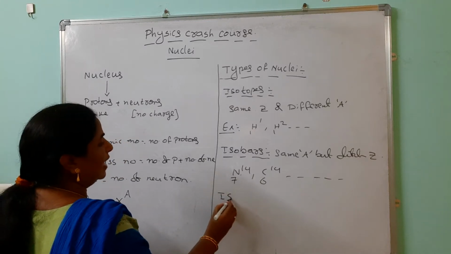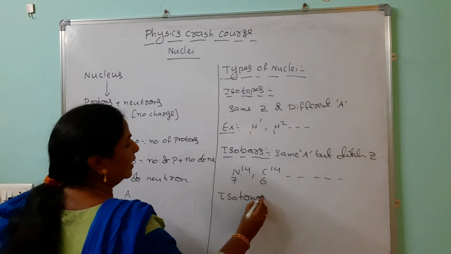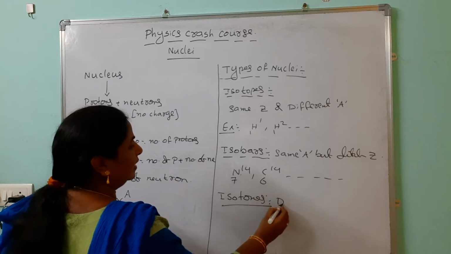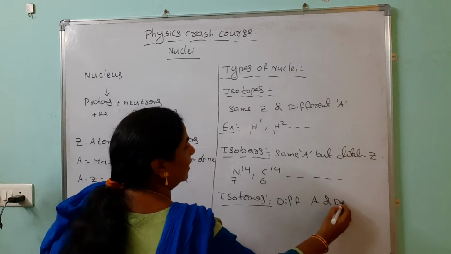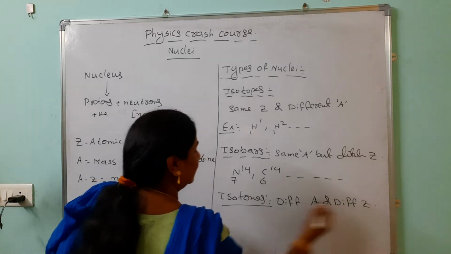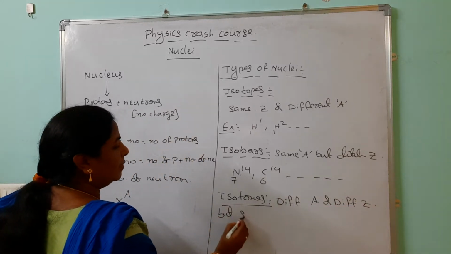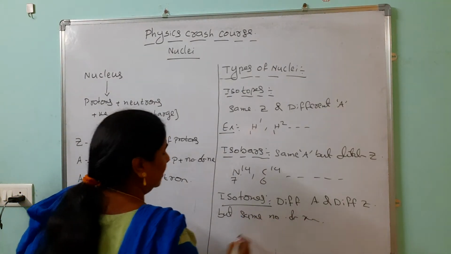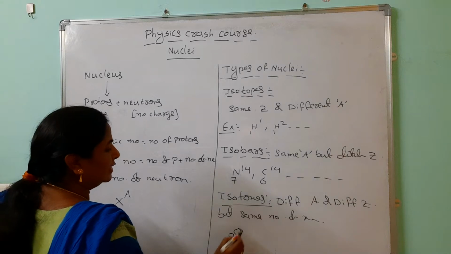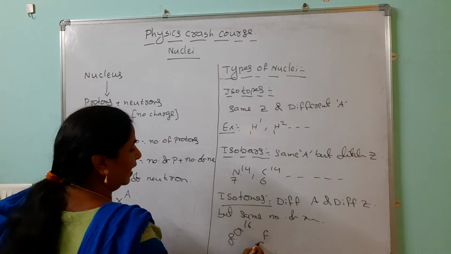Then the next one is the isotones. What are the isotones? Different mass number and different atomic number, but the same number of neutrons. Suppose we are taking O816, then F919.